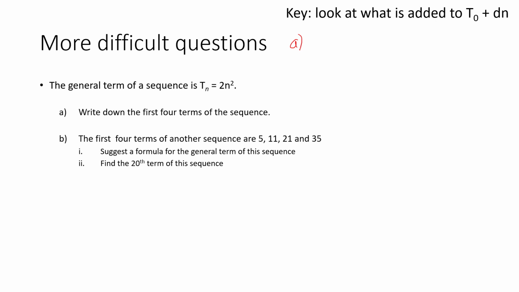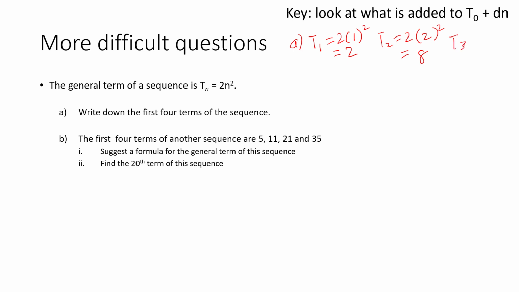So for A, term 1 will be equal to 2 times 1 squared, and this will give me 2. And term 2 will be equal to 2 times 2 squared, which will give me 8.